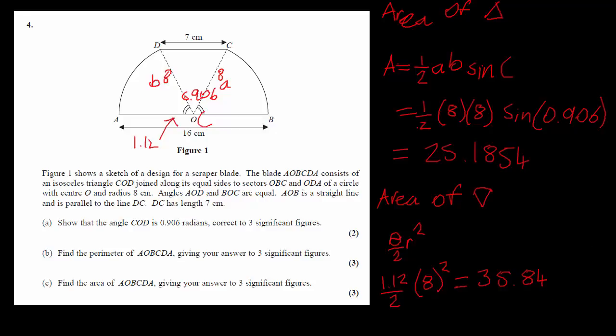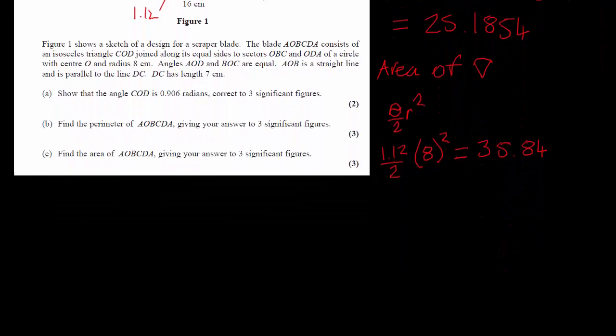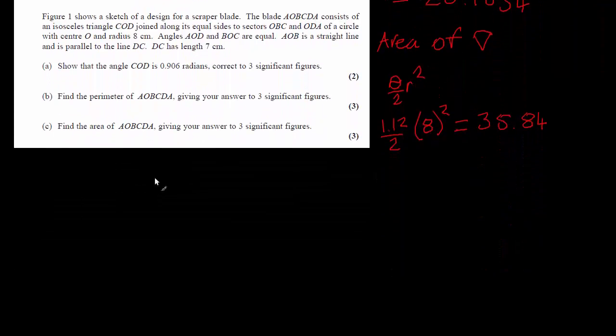Okay, so we are nearly there then. So we've got the area of the triangle is 25.1854, and then we have two sectors, because in our diagram we've got two of the same sector.